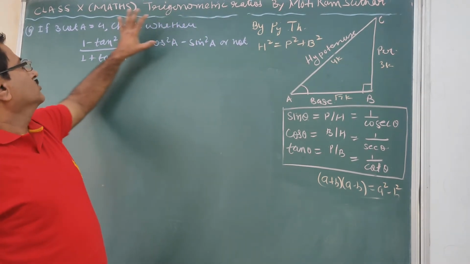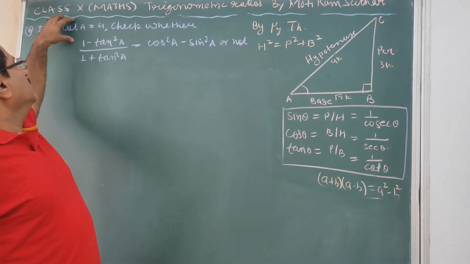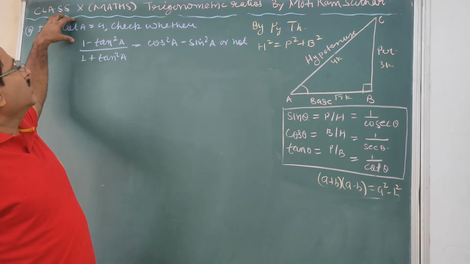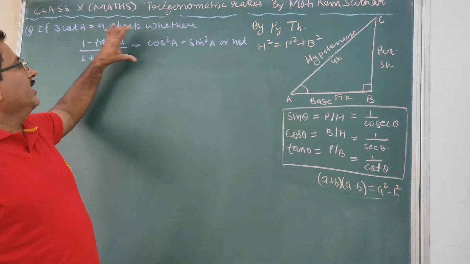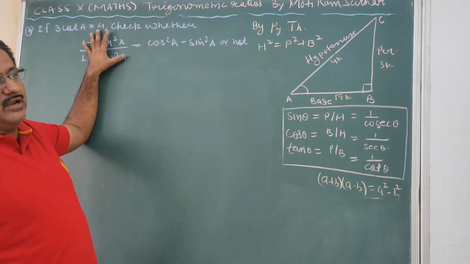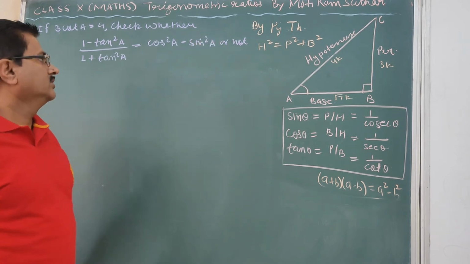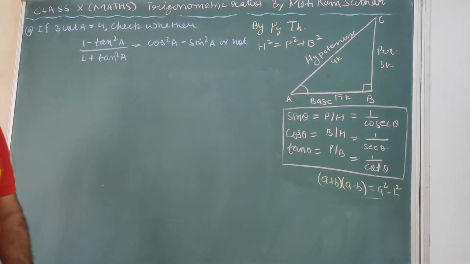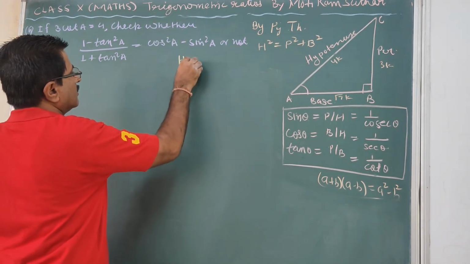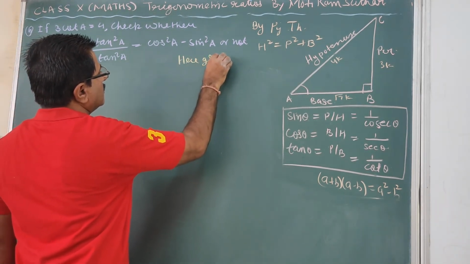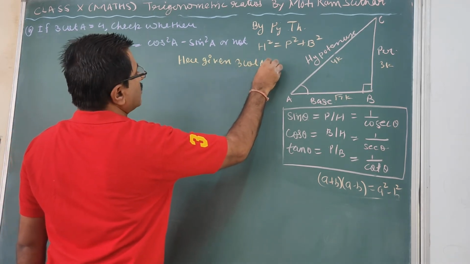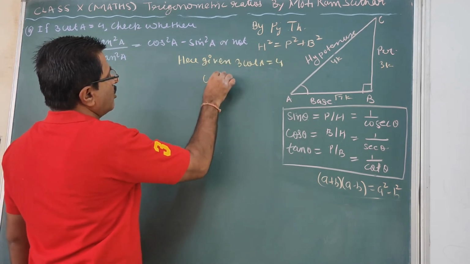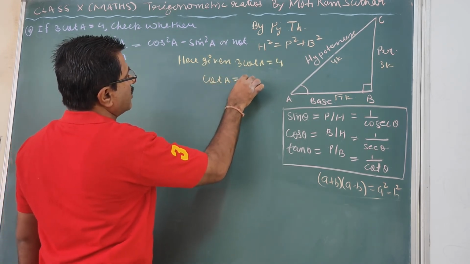Is it clear? So again the same process: we are given 3 cot A, and with the help of cot, two side ratios are given. We find the third by Pythagoras and then find tan, cos and sin, and take the left hand side and right hand side. Clear? So you may write here: given 3 cot A equal to 4, so cot A equal to 4 by 3.